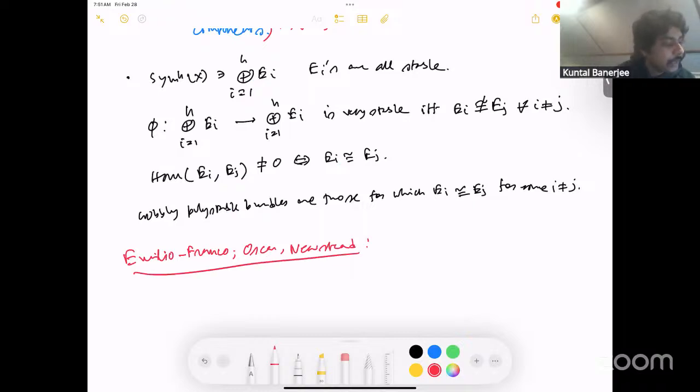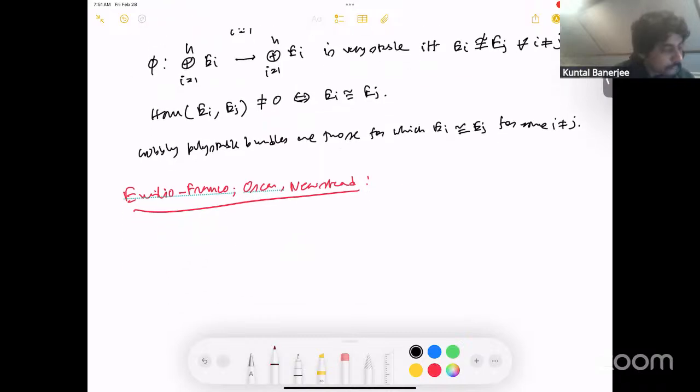And the main content about the stability and semistability of the Higgs bundles is that in case of elliptic curves, a Higgs bundle is semistable if and only if the underlying bundle is semistable, and stable if and only if the underlying bundle is stable.